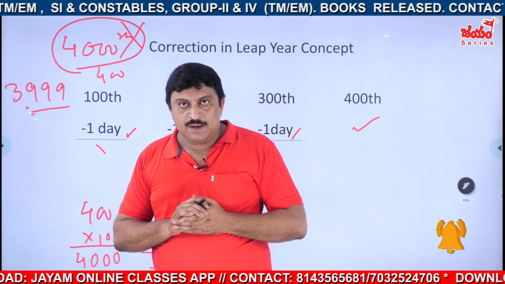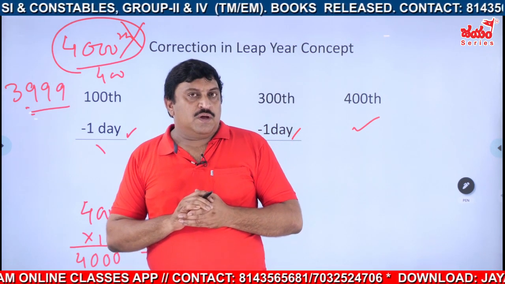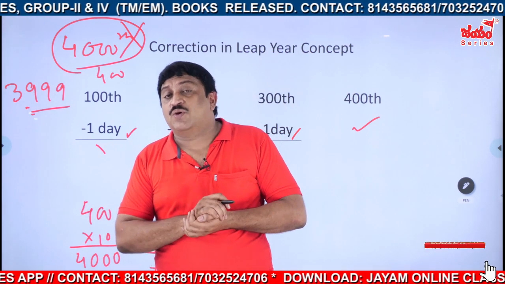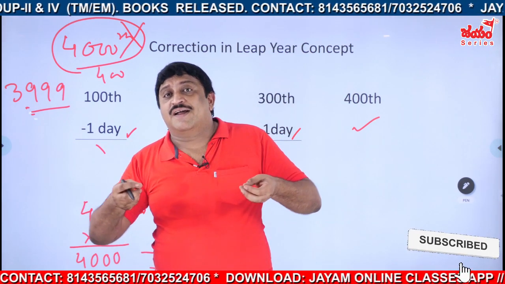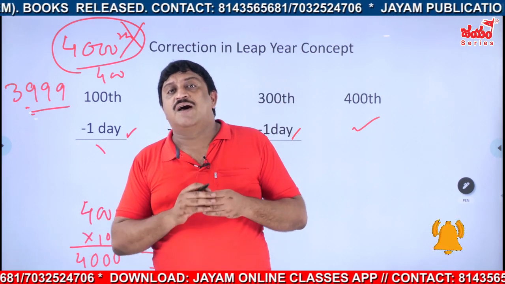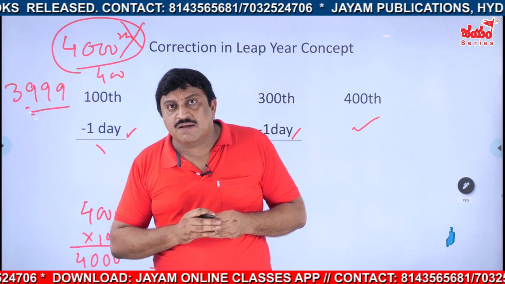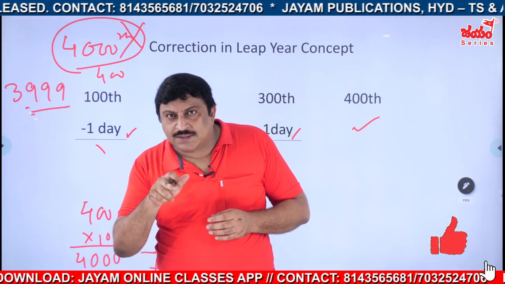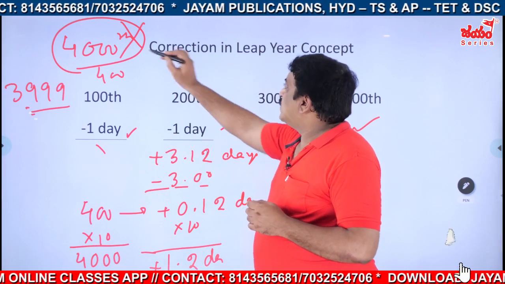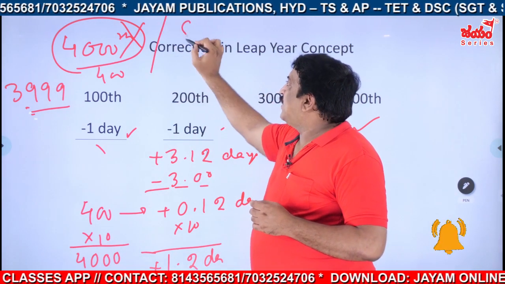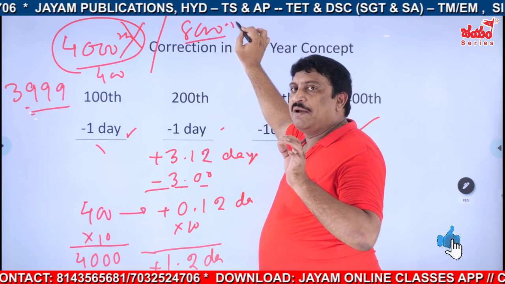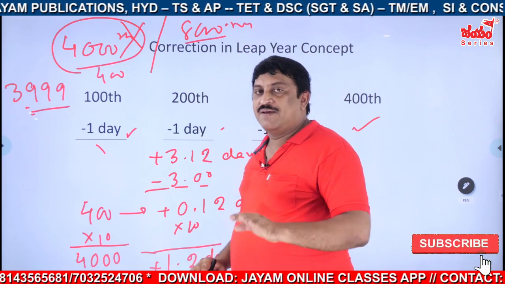Clear? So, century years which are divisible by 4,000 are leap years or normal years? Normal years. That means 4,000 is fine. Next, 8,000. The 8,000th year is also a normal year, not a leap year.